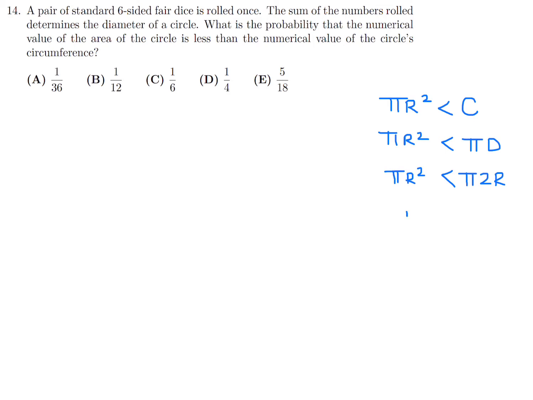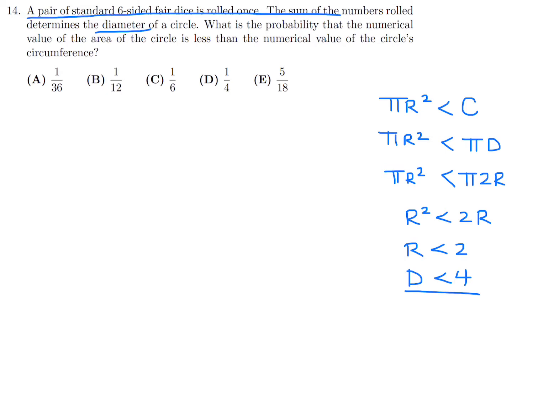Now, the pi's cancel, so I'm just left with r squared is less than 2r, and then I can divide through by r, and that will leave me with r is less than 2. So that nicely summarizes into that inequality. But remember, we are talking about diameter here. Since diameter is 2 times the radius, diameter is less than 4. So the diameter must be less than 4. Those are the only sums that I can count in my probability.